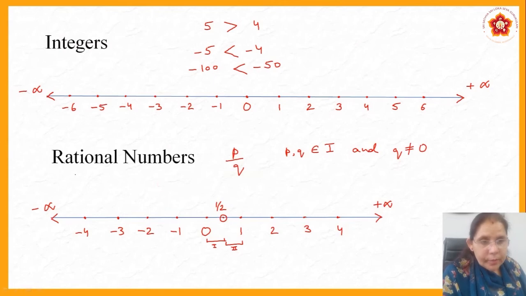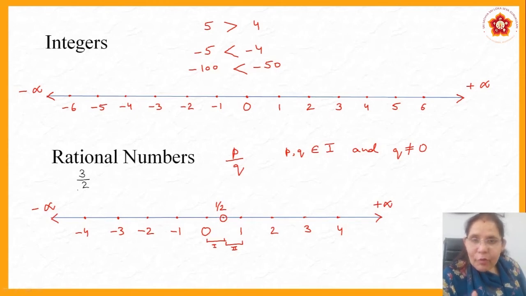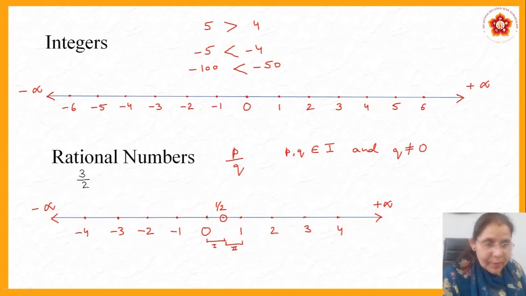Suppose you have to plot 3 upon 2. Now 3 upon 2. In the denominator we have 2. So that means we have to divide the distance between 2 integers, 2 consecutive integers, into 2 equal parts.